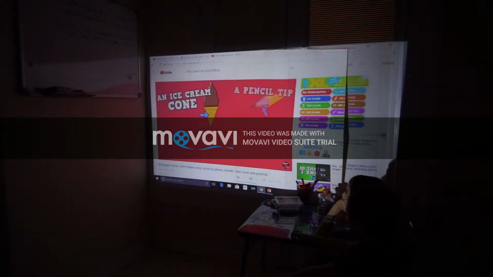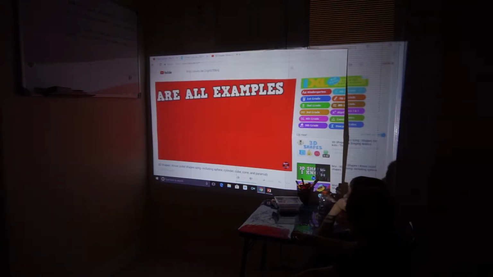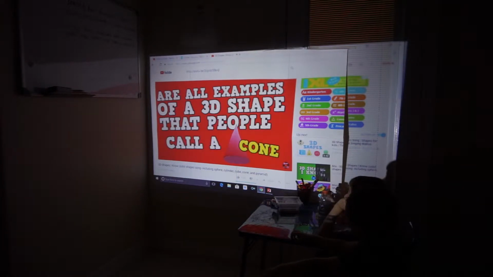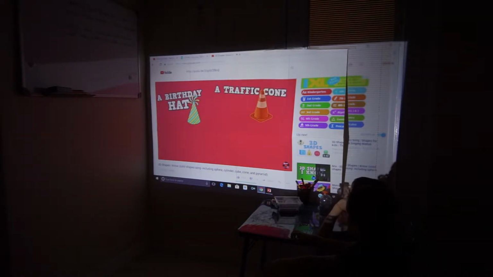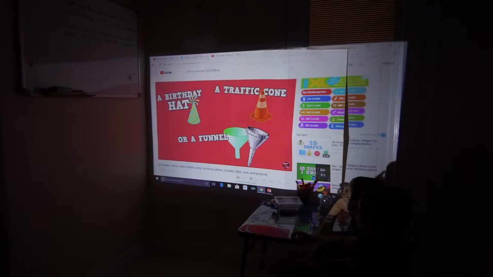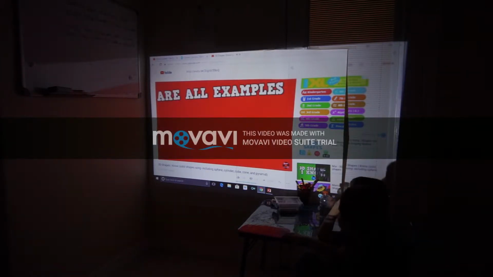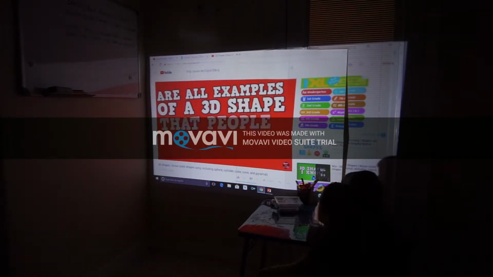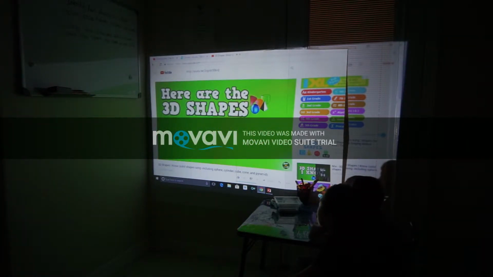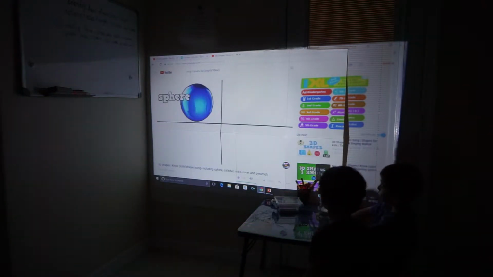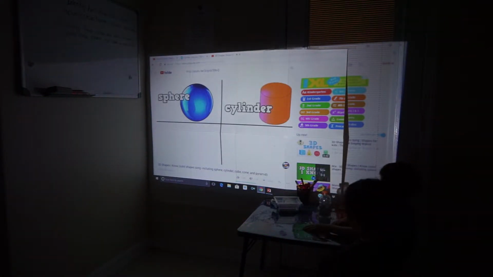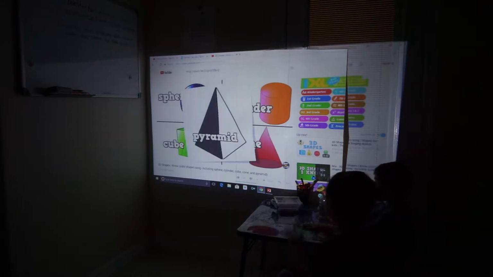An ice cream cone, a pencil tip, and a birthday hat are all examples of a cone.